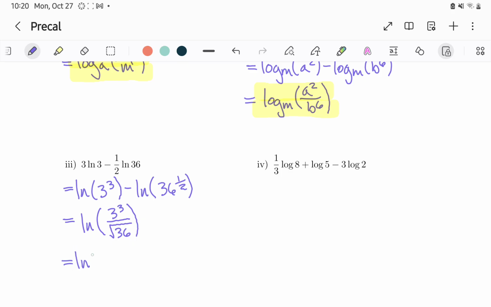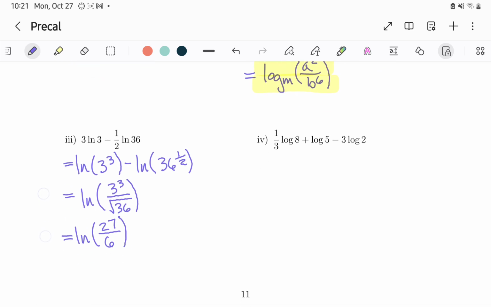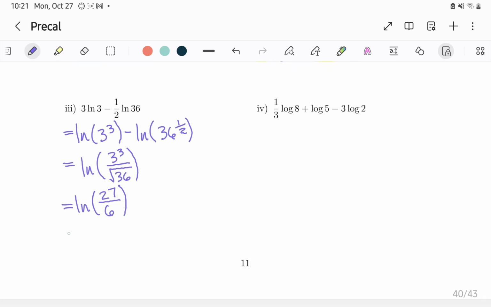And then we can go ahead and simplify. So we have natural log of 3 cubed is 27, and then square root of 36 is going to be 6. And then we can simplify even further, canceling out a factor of 3 from both 27 and 36. We can rewrite this as natural log of 9 over 2.